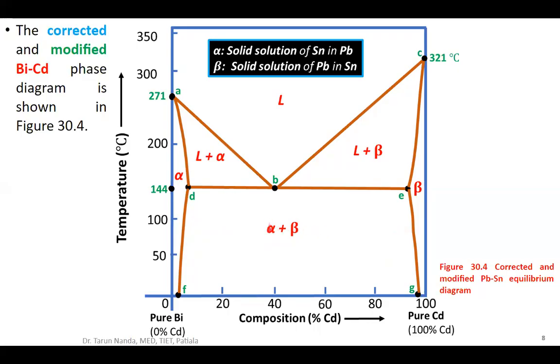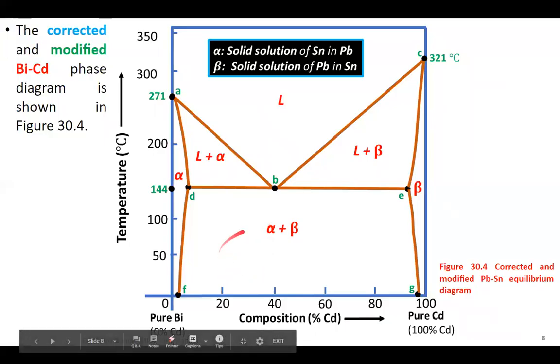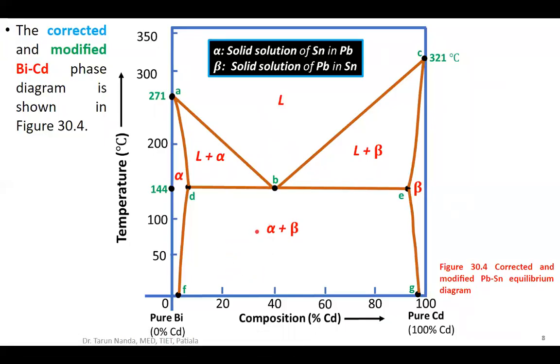No sooner do you disturb the value of temperature, alpha will have a changed composition. So chemical composition is dependent on temperature, so composition is not a degree of freedom. Temperature is a degree of freedom. So only 1 degree of freedom, and that is what the Gibbs phase rule also says. The degree of freedom here should be 1 and not 2 as the earlier wrongly constructed diagram had been showing. So I think this was something important and I have been able to explain the things to you.